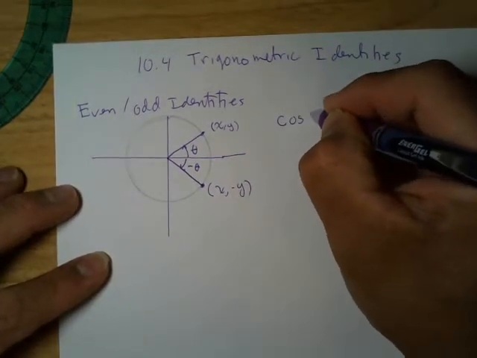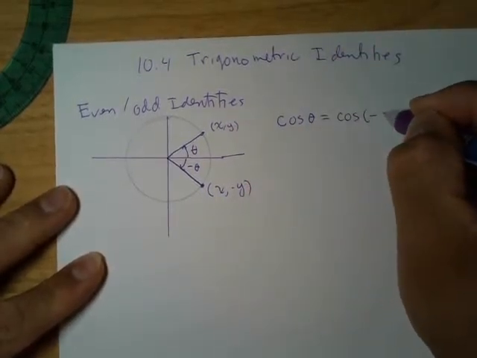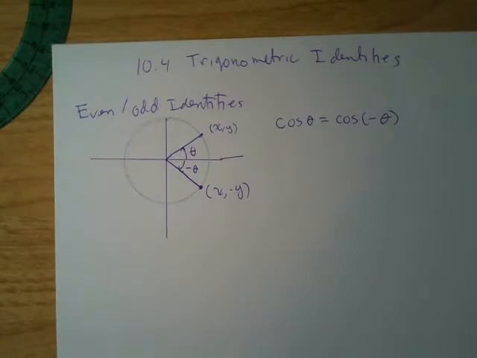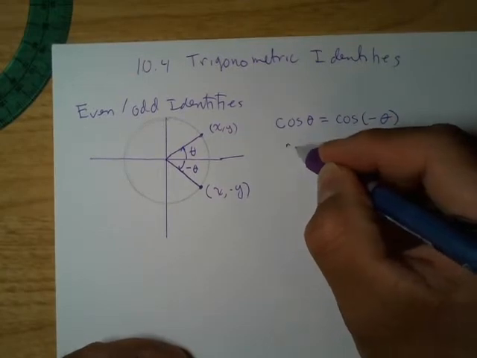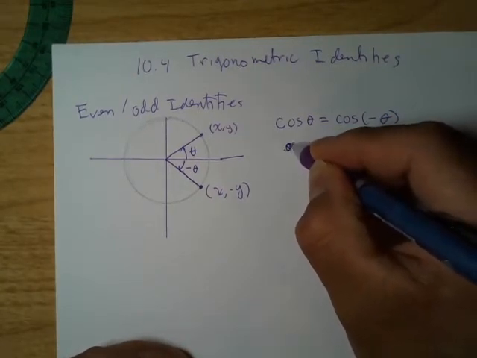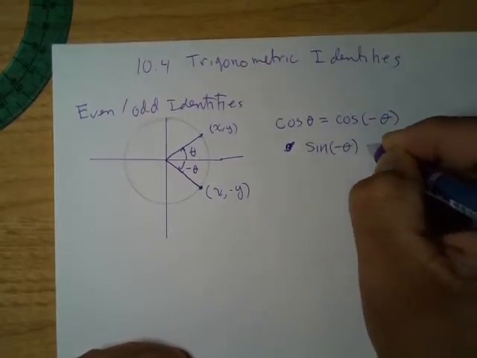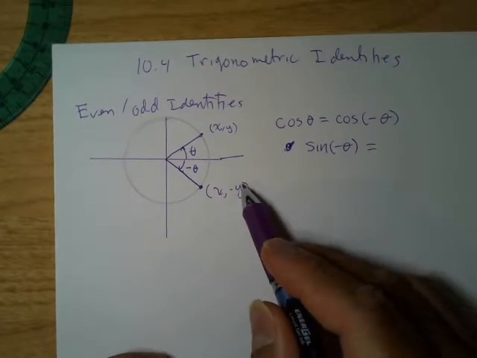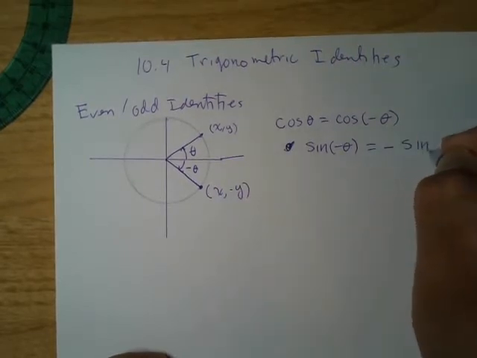So cosine of theta is going to be equal to cosine of negative theta. And in the same vein, we're going to have sine of negative theta. It's going to be negative y, so it's going to be negative sine of theta.